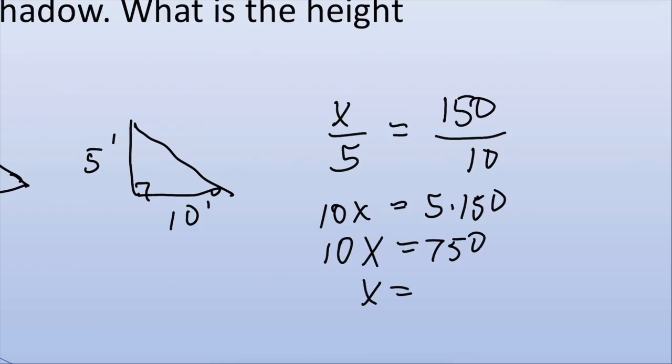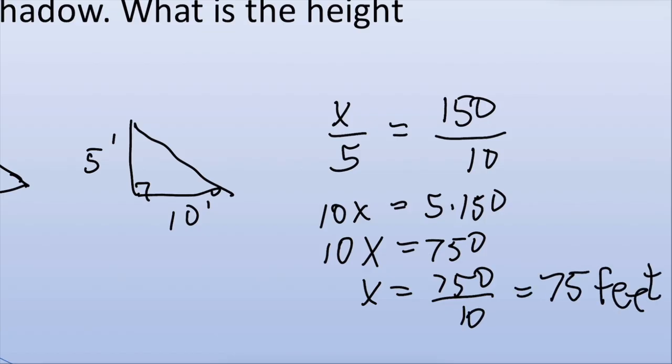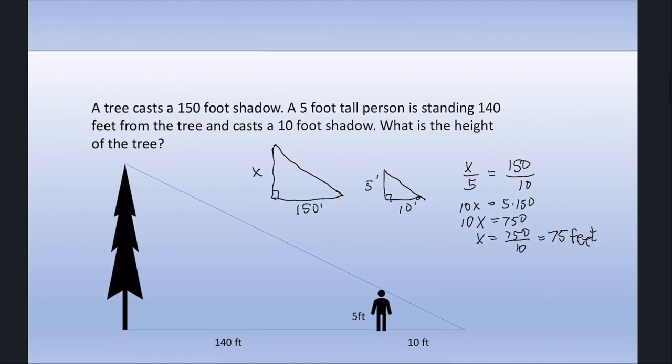So x is going to be 750 divided by 10, or 75 feet. Now, since it's a word problem, I would suggest that you write the units out, like I've done here. That's something you want to get in the habit of doing. Okay. So as you can see, the height of the tree is 75 feet.